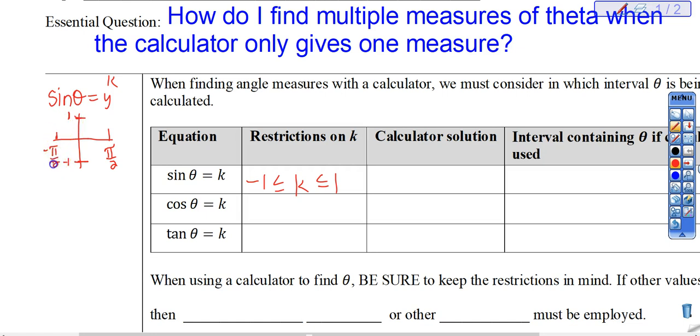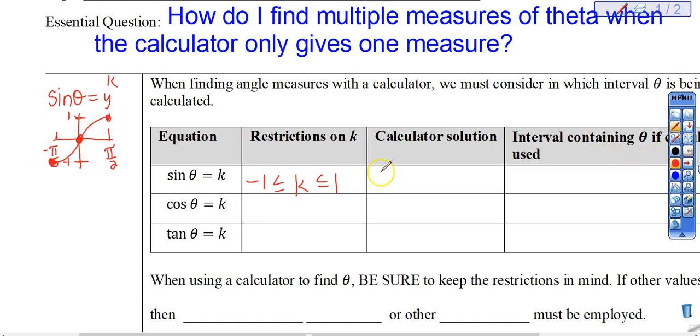So at -pi/2, your sine is -1. At 0, your sine of 0 is 0, and the sine of pi/2 is 1. So in this span between -pi/2 and pi/2, you'll get all of the possible values for sine of theta. And then, of course, it heads back down. But we've already got all the positive values and all the negative values.